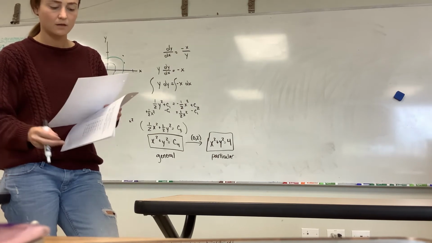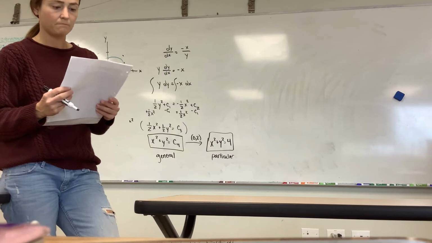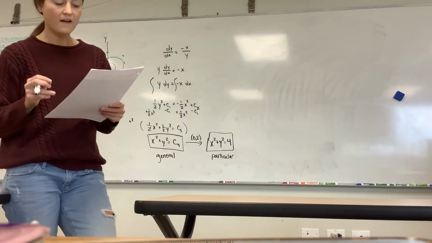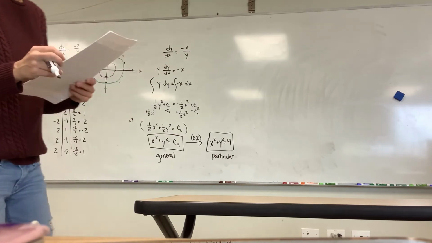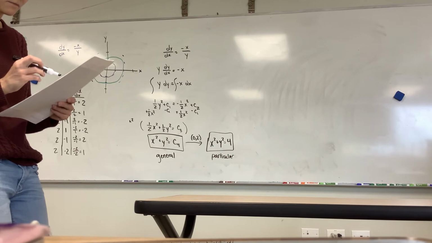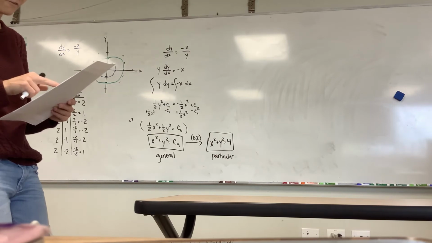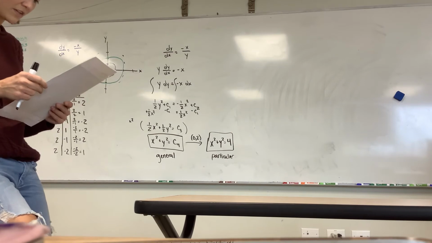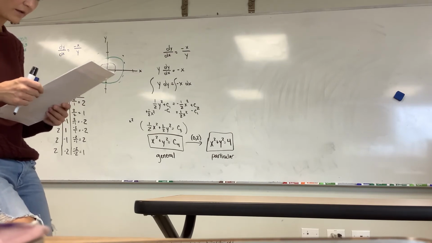So this is an equation where the y value is fixed. So as x increases, so you're looking from left to right across your graph, what is happening to y?